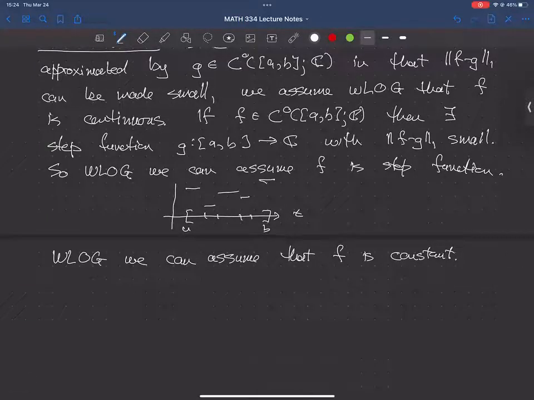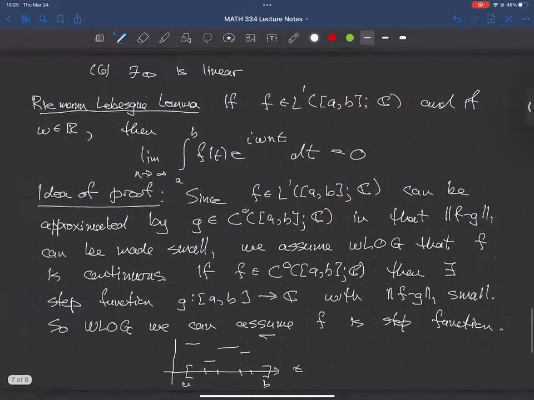All right, so now we're in the situation of a constant function. So now let f from A to B be a constant function. Now what does this mean?